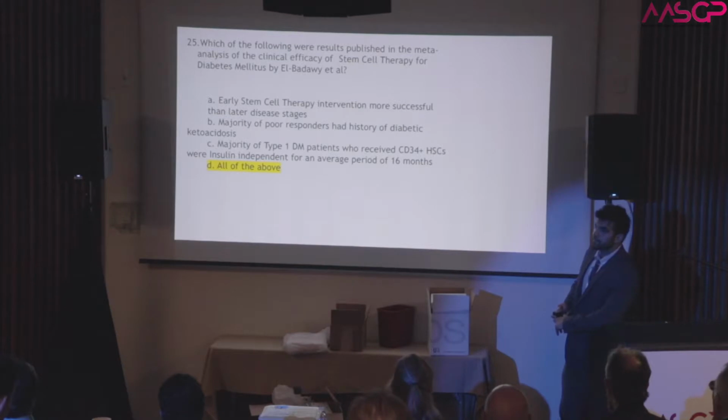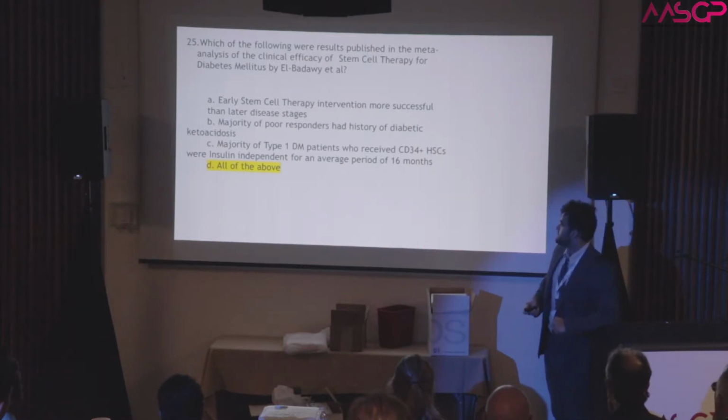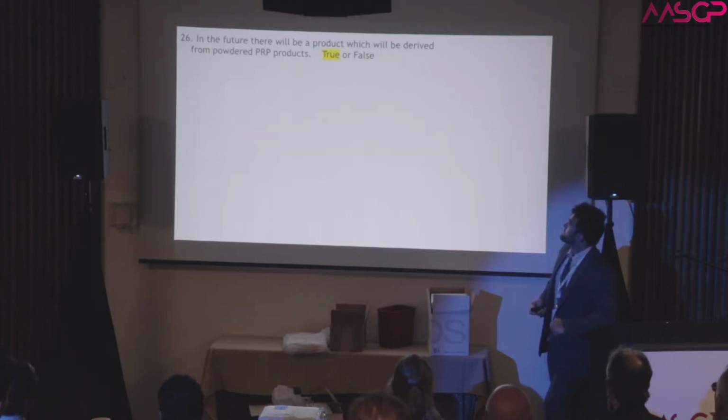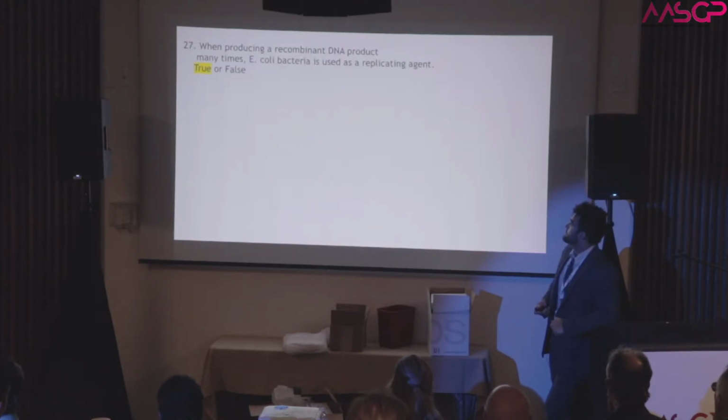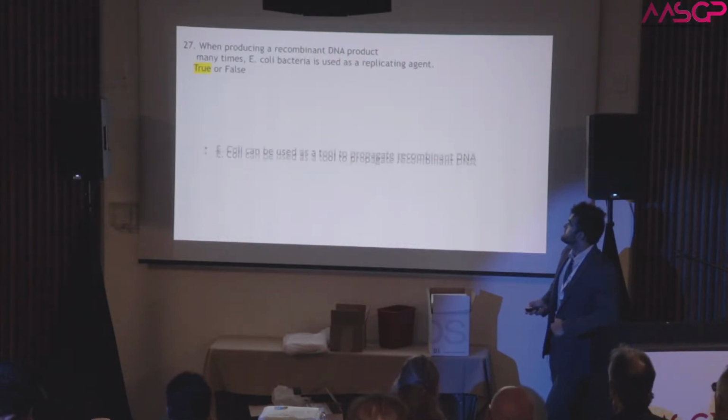Basically, they saw that type 1 diabetics, who are insulin dependent, were able to regenerate some of the missing pancreatic cells and were insulin independent for an average of 16 months. So it's actually very, very good. In the future, there will be a product derived from PRP products. Can you go back? Sure. That's true. PRP products are a possibility.